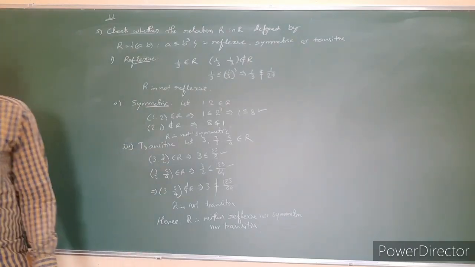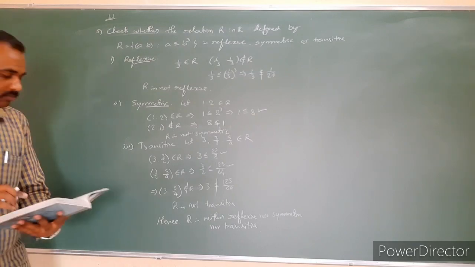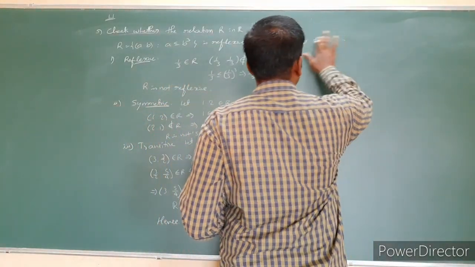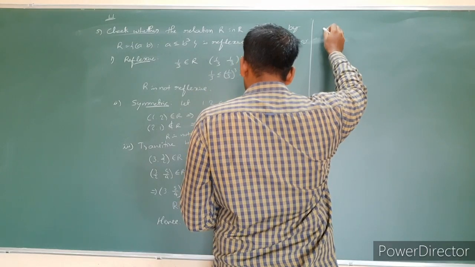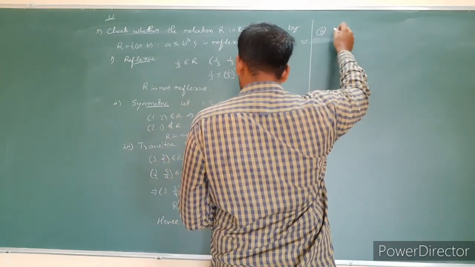Okay, now let's move to the next example. So show that the relation R on a set. Next example is taken. 8th problem.